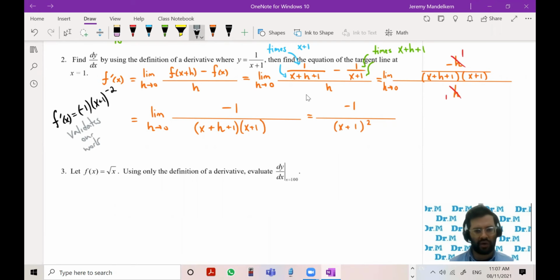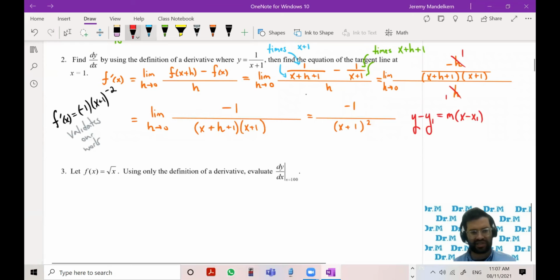Okay. Now, the other part of this question was to find the equation of the tangent line at x equals 1. So what we'll do is we'll write a blueprint for that tangent line equation. We have y minus y1 is m times x minus x1. And we'll just systematically start sticking in the values that we know. For x1, that was the value 1.